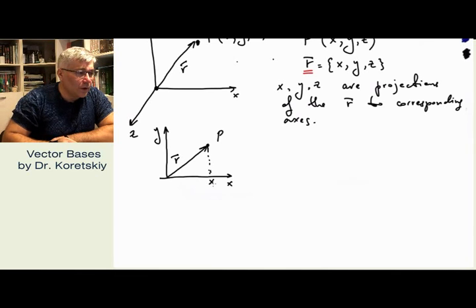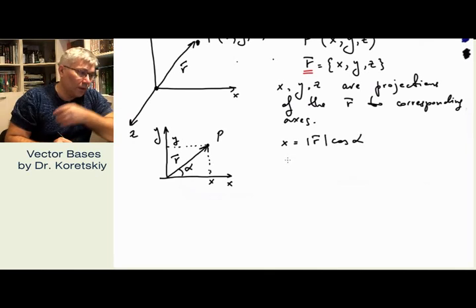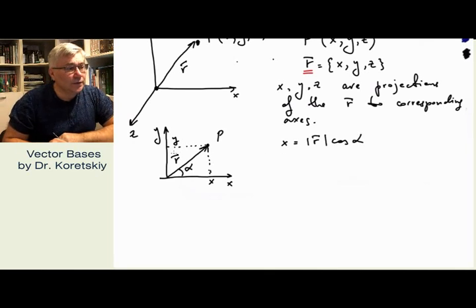If we have an x-y coordinate system here, and here we have a radius vector, point P. So here we have the x coordinate of P, the y coordinate of P, and here we have an angle alpha between the radius vector and axis x.